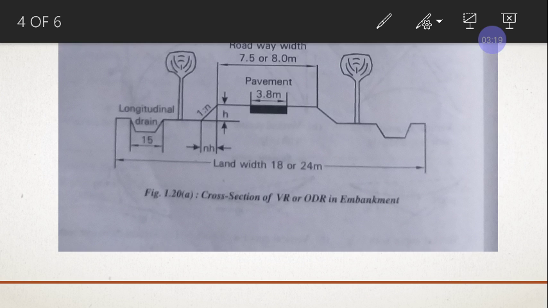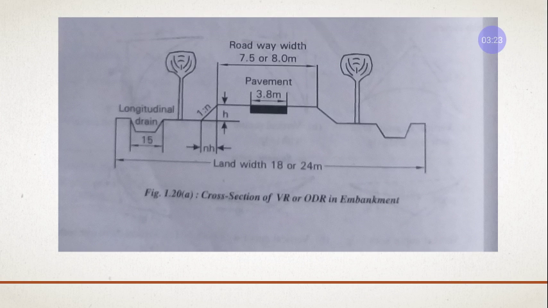Next, you can say, is other district roads. This cross section is for the other district roads or village roads. This is how the village roads look. And what is the width of the carriageway? It is 3.8. Can you see the pavement? After that pavement there is a shoulder on both sides. And what is the roadway width or the formation width?